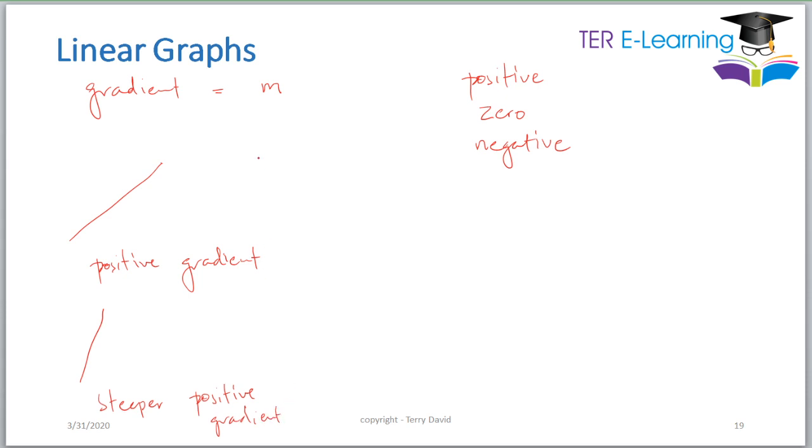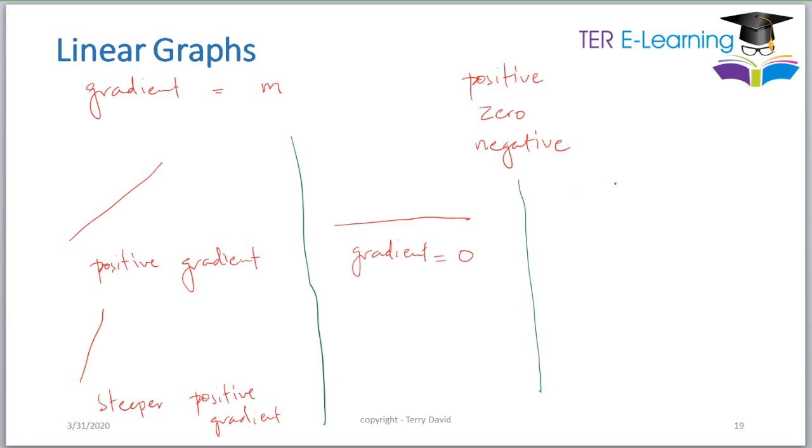All right. Now, if we have a horizontal line, a line that looks like this, the gradient of this line is 0. So the gradient is equal to 0. Right? So the positive gradient is on the left hand side. A gradient of 0 is simply a horizontal line.